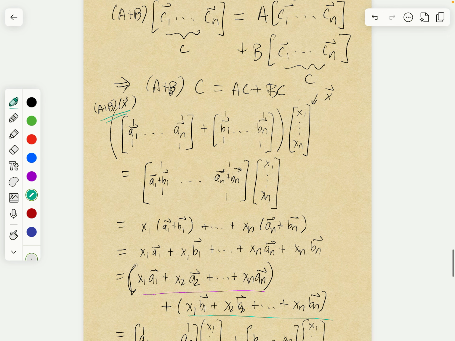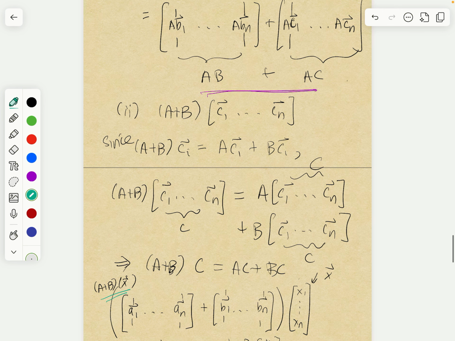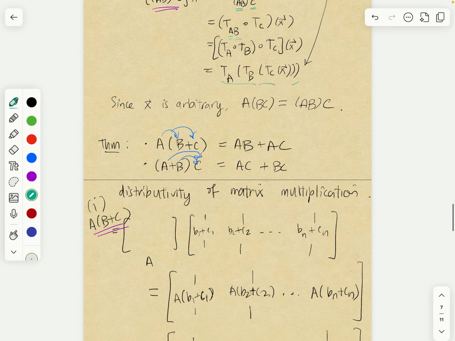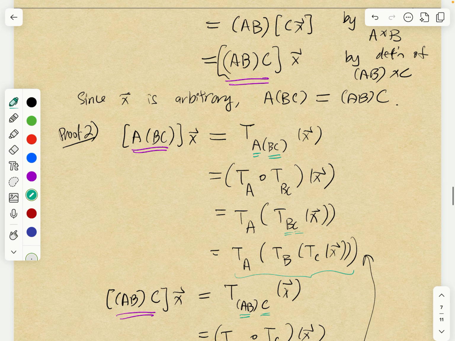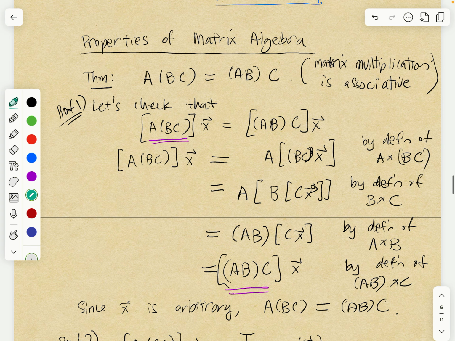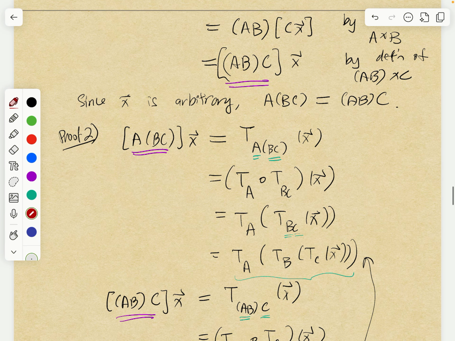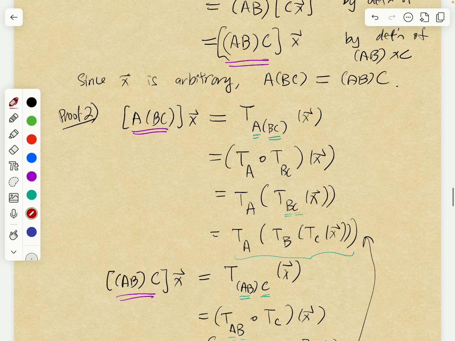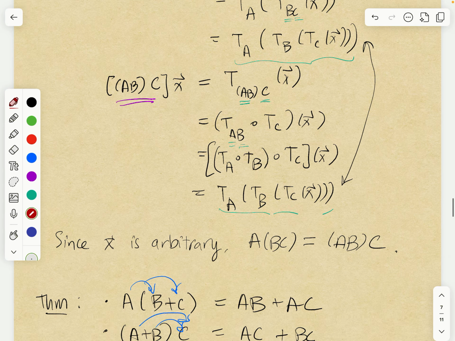Okay. One slightly interesting thing before going on is that, in the previous one, if you thought about matrix multiplication as composition of functions, this fact kind of just falls out of the associativity of composition of functions. If you look at proof 2, basically all we used was the associativity of function composition.